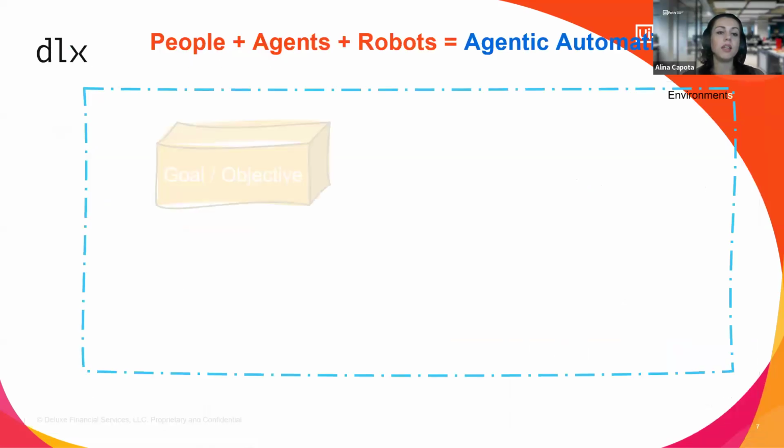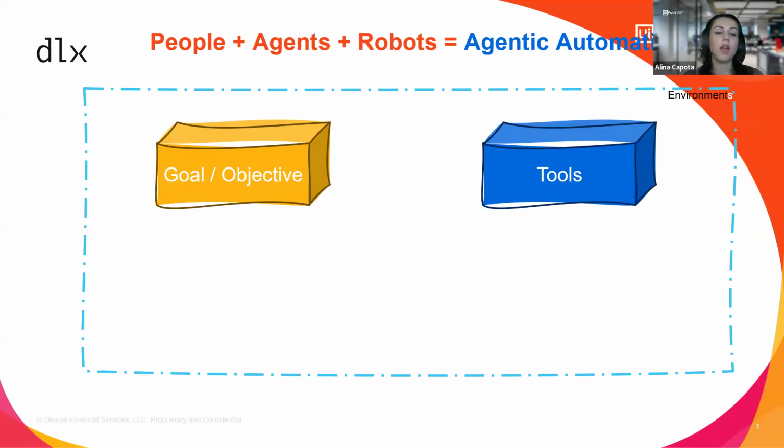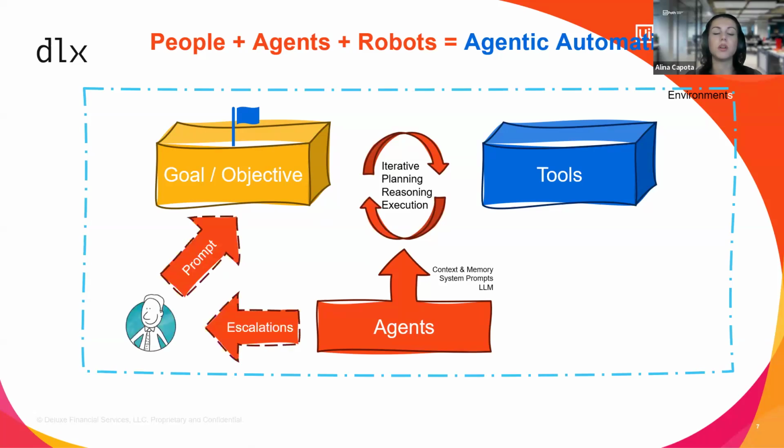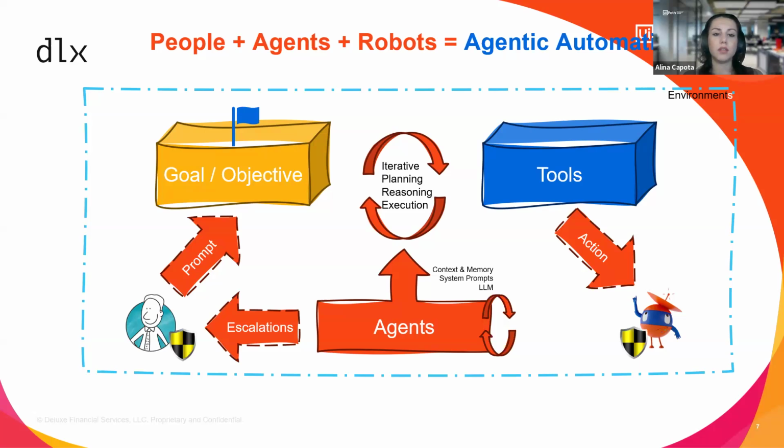Now, regarding our agentic vision, we have some tools, and our agents are using these tools in order to solve end-to-end scenarios. If we look at this slide, we can see that the user provides a prompt that will help the user reach a certain goal or objective.